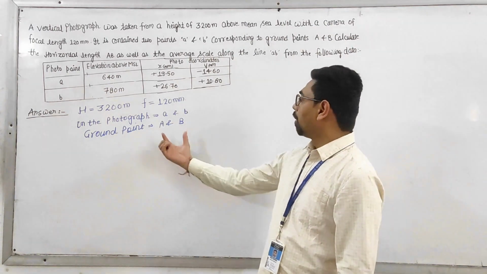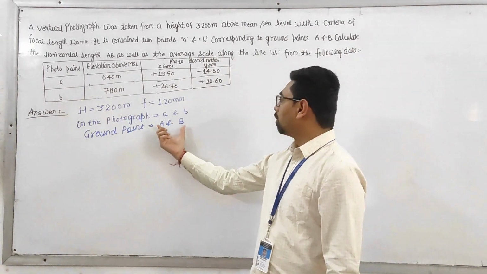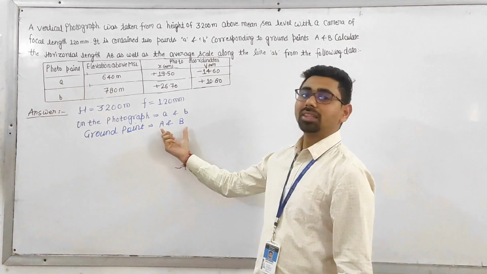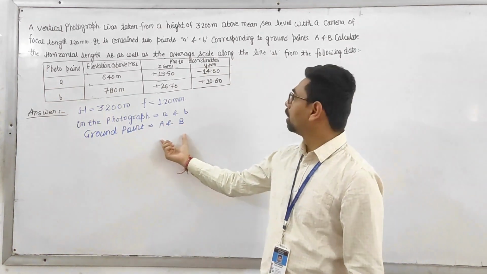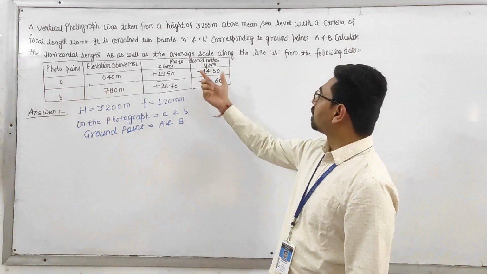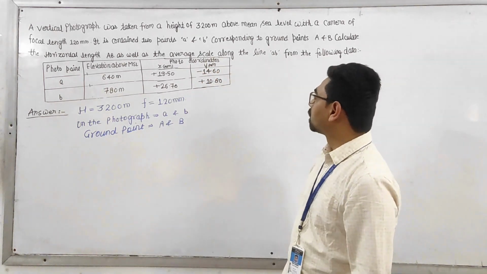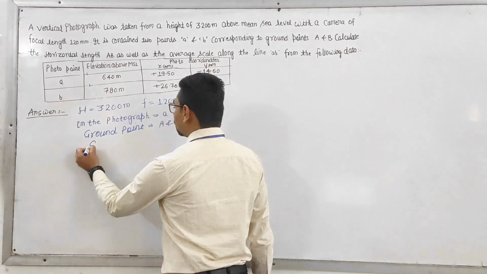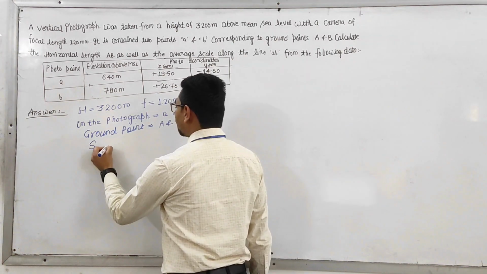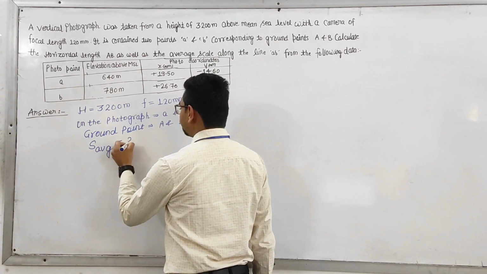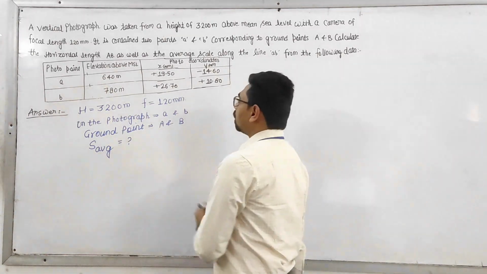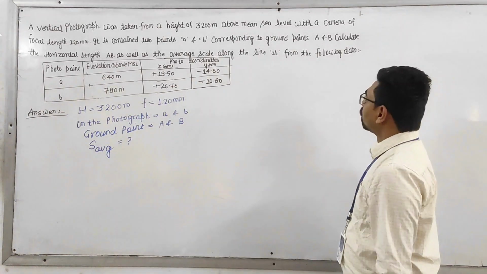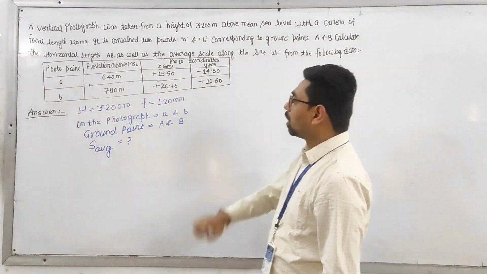It means we will calculate the ground length capital A, capital B, as well as the average scale along the line AB, from the following data.